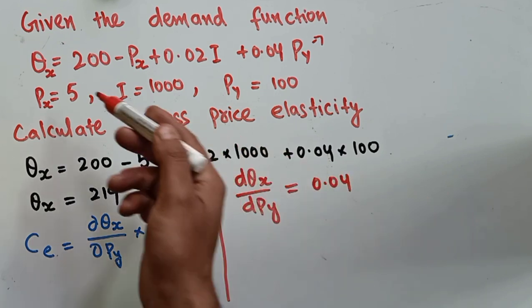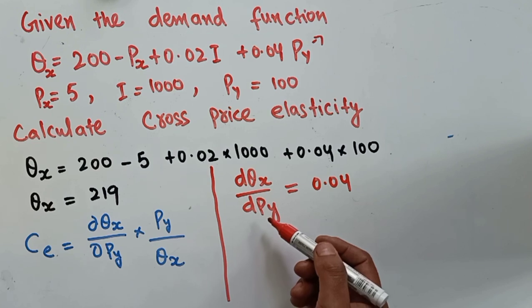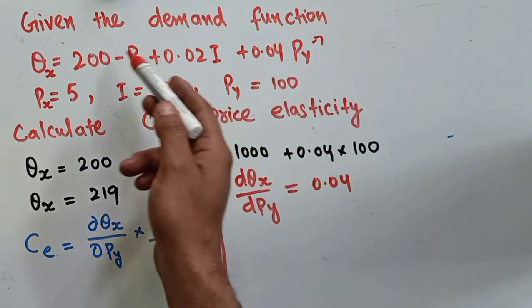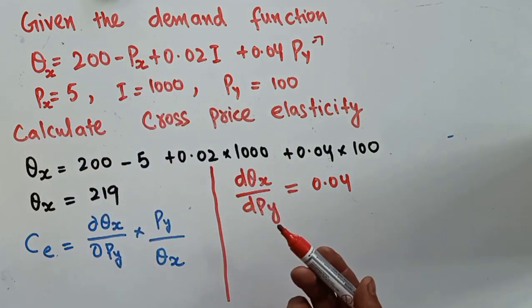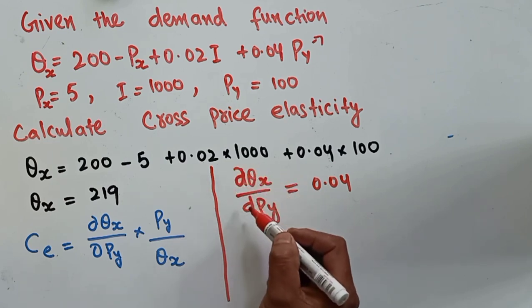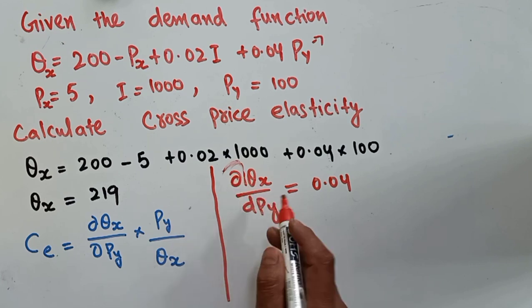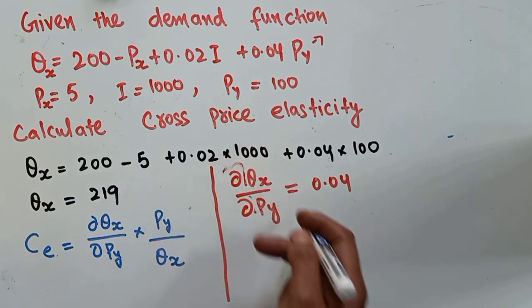I am simply partially differentiating this demand function with respect to Py. All other terms will vanish because we are taking the partials. Let's show the partial sign by this.